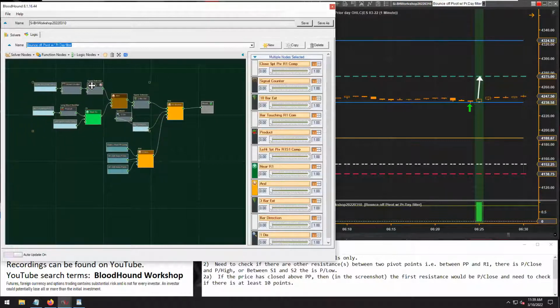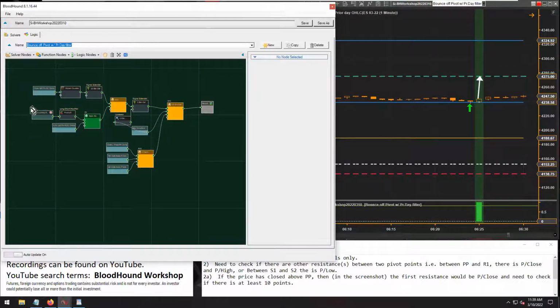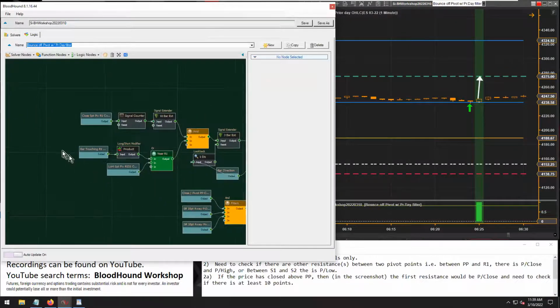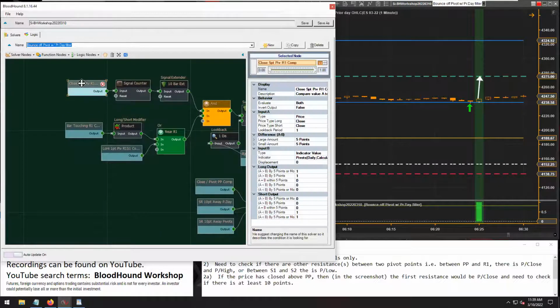So now we basically just take this logic and repeat it, make a duplicate of it, but change the plots in the key solvers here, right?